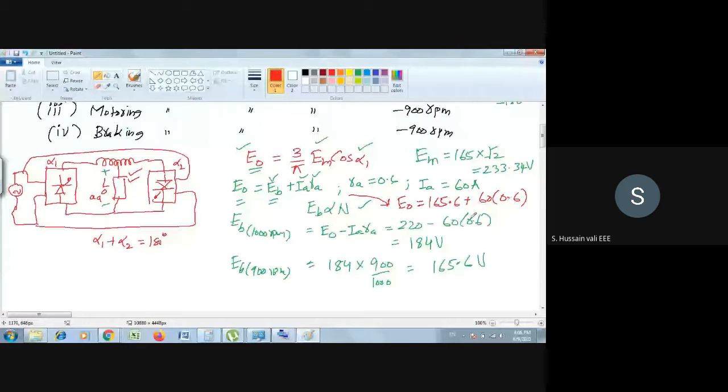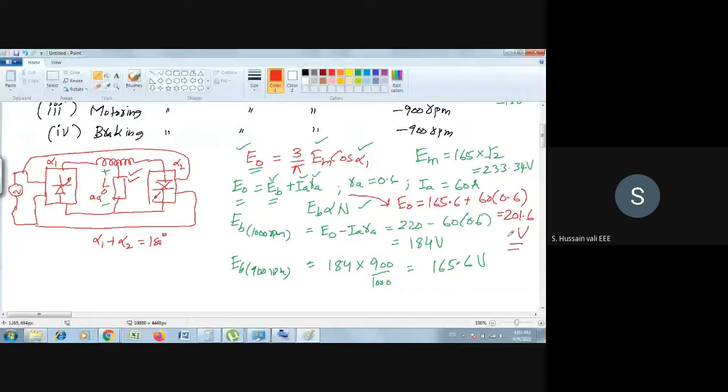So 36, and approximately 201.6. So your E naught value is 201.6 volts.